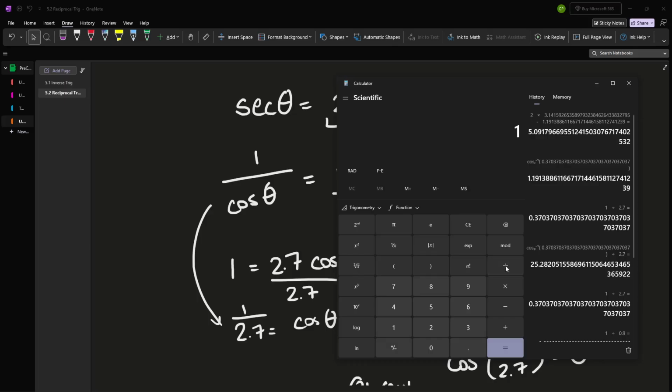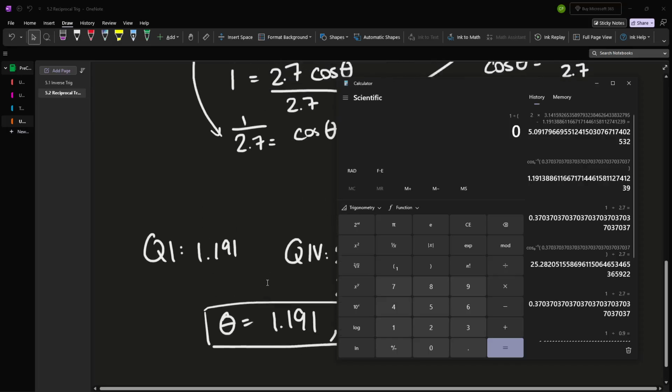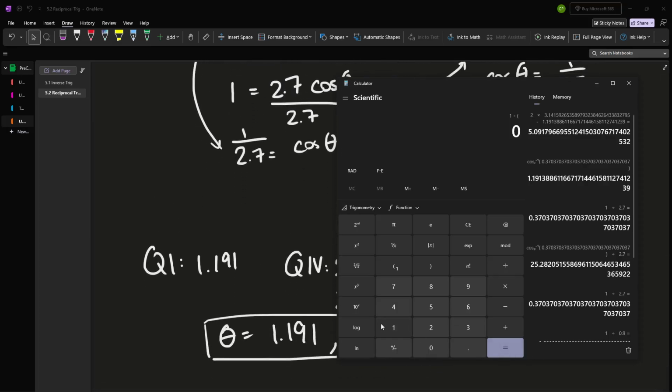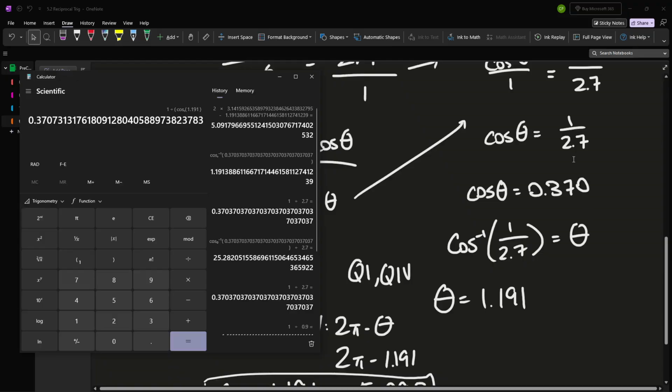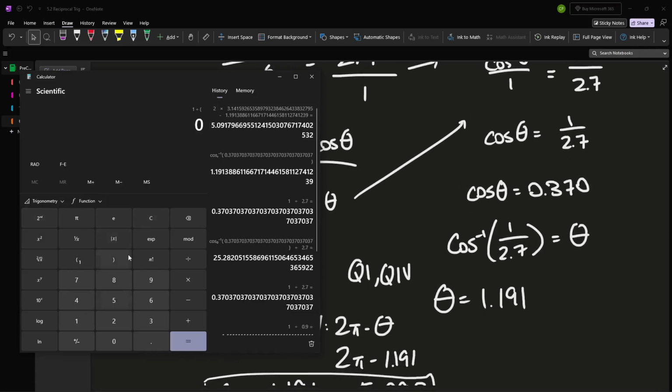So let's actually clear it out. Let's do 1 divided by parentheses cosine of 1.191. And I see you get 0.370, which is what 1 divided by 2.7 is. And that's great. We got it. Let's also try our other one.